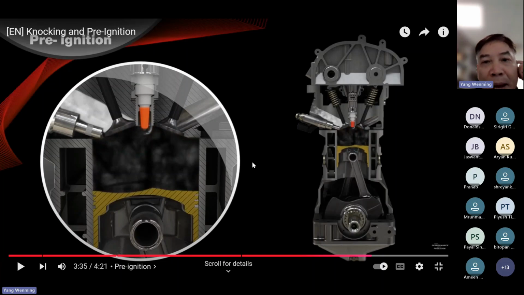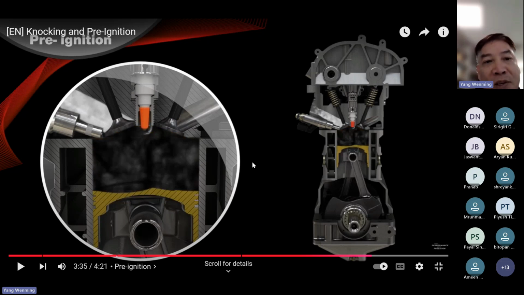Okay, in this part we show you how pre-ignition occurs in engines. This pre-ignition is also not favorable for the engine, correct? Because pre-ignition means we advance the ignition timing, just like we have introduced. If the ignition timing is too early, then the efficiency will drop.